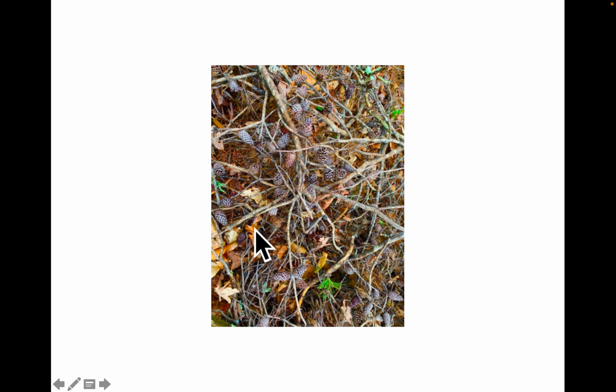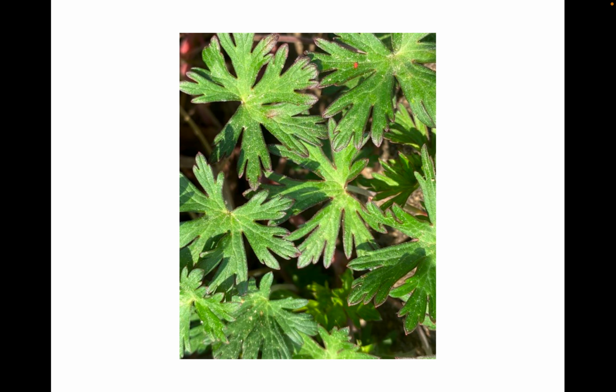Here's a pile of sticks and pine cones. Now you may argue that this is ground, this is figure, and you would be right to a degree, but it's all over. It's not a clear single object, say in the middle or the top left with a lot of different objects on the surround. It's all over texture and lots of different varieties. Same thing here.